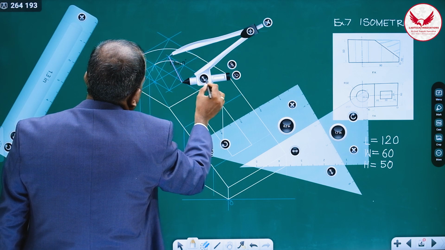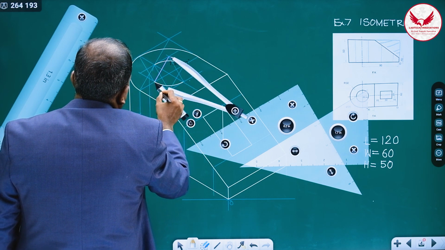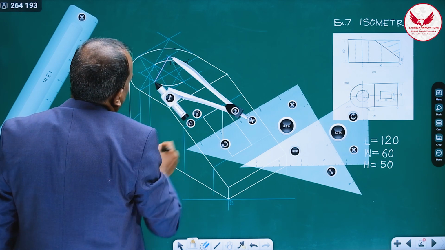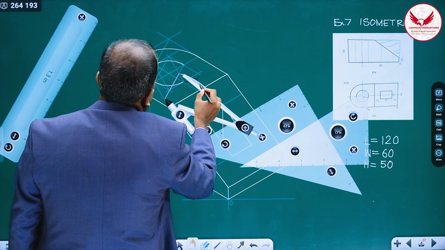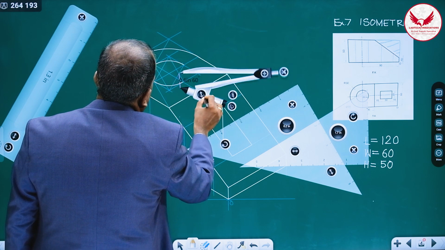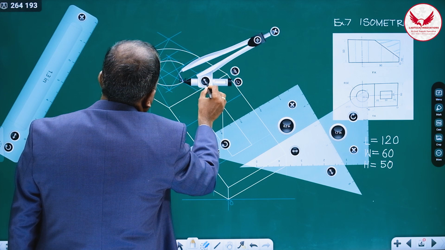With the same radius, we have to mark this much portion. Then the third center is over here. With this third center, reduce the radius up to the midpoint of this side.